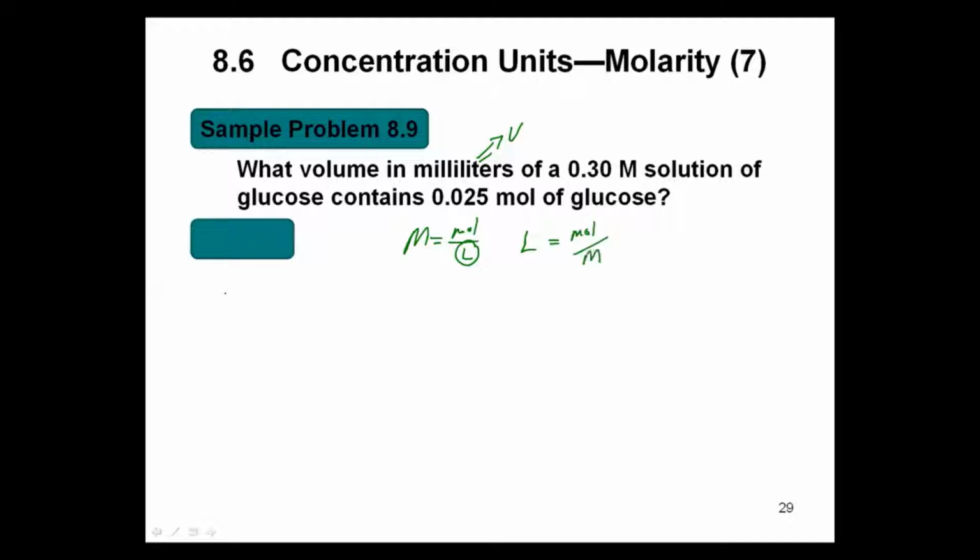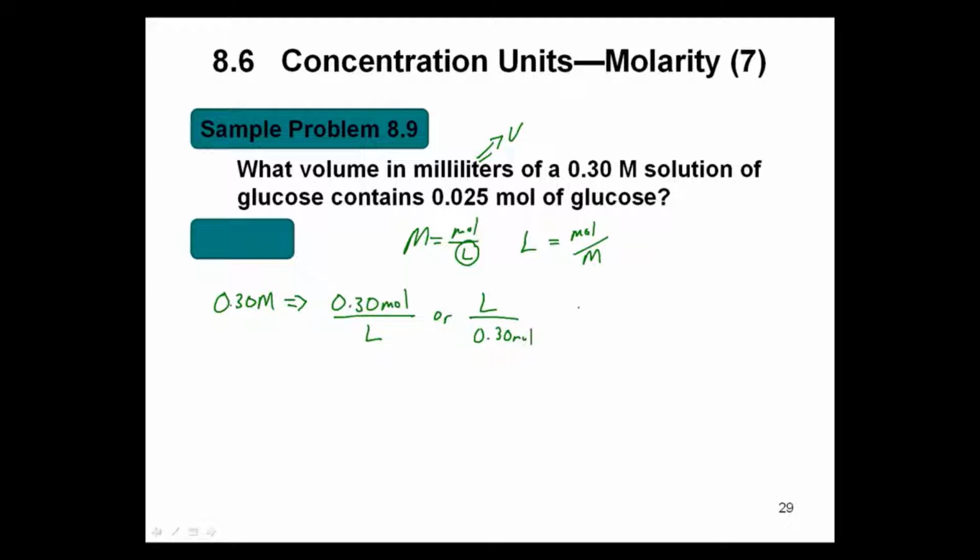Now, when we do have something like 0.3 big M, when you do a calculation, as we talked about last time, it's probably best to break this up into the two units. So you can say it is 0.3 moles per liter. You could also use it just like a conversion factor, putting the liters on top and the moles on the bottom.